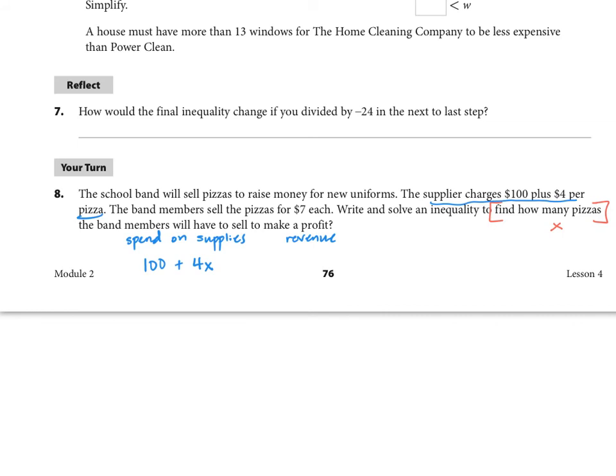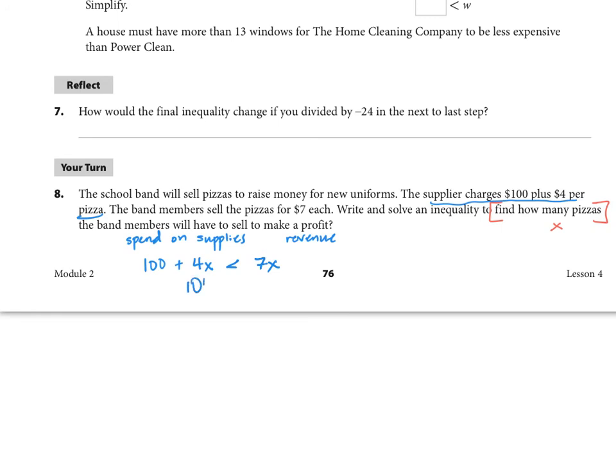So I want the money that I spend to be less than my revenue. I want my revenue to be more, right? If my revenue is higher, I'm making some profit. So my revenue is going to be $7 for every pizza that I sell. So 7x. Okay, let's go ahead and solve it.